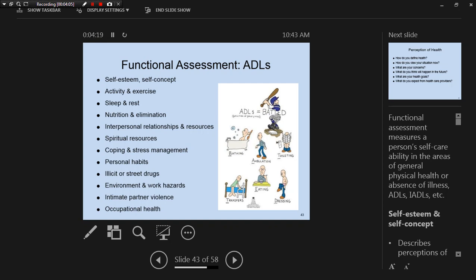It's pretty in-depth, and it allows us to be complete and holistic, and the suggestion is that we incorporate it into complete health histories. In the grand scheme of things, it allows us to identify accurately and completely patients' problems so we can formulate a care plan based on what we find.